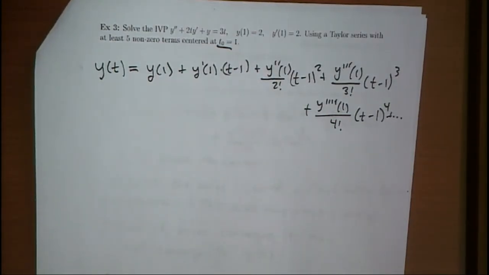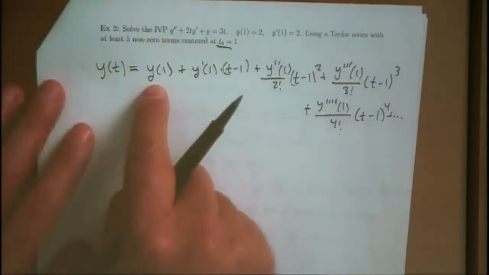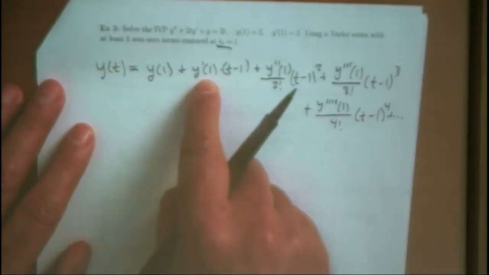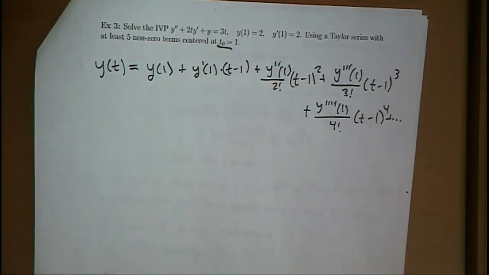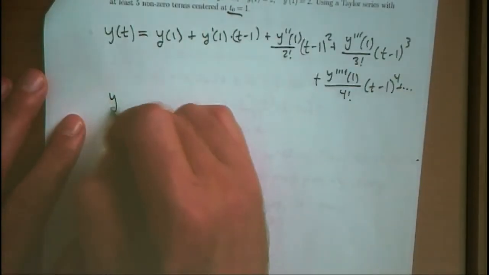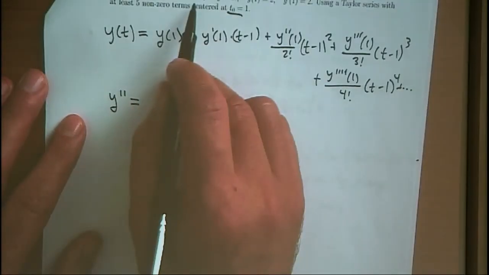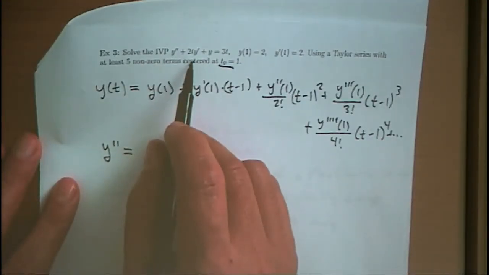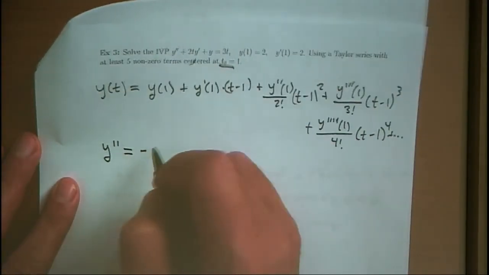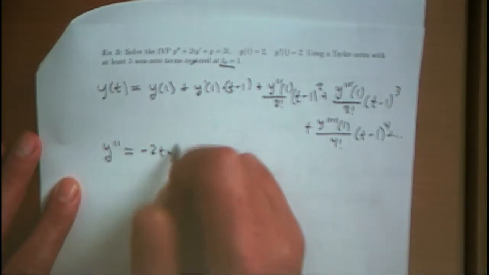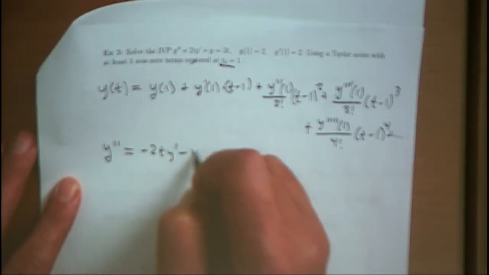Okay, so y of 1. We know two numbers. We have y of 1 and we have y prime at 1. We need 1, 2, 3 more of these by taking derivatives. So I think you get the idea of what's going to happen next. I need y double prime solved, and I'm going to use the differential equation to do that. So y double prime is minus 2t y prime minus y plus 3t.